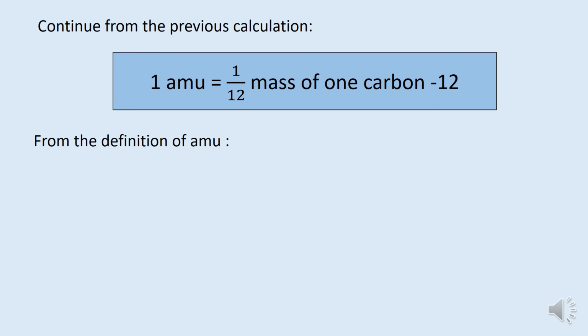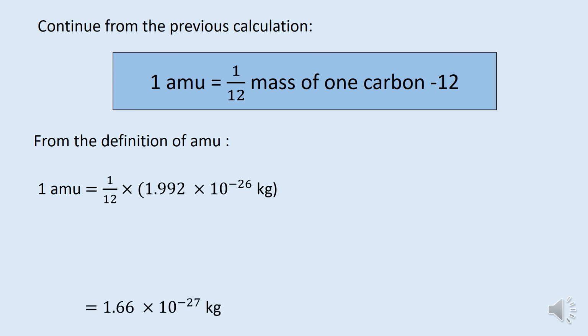From the definition of atomic mass unit, where one atomic mass unit is equal to 1 over 12 mass of carbon-12, by substituting the mass of one carbon-12 atom calculated previously, one atomic mass unit is equal to 1.66 times 10 to power of negative 27 kilogram.